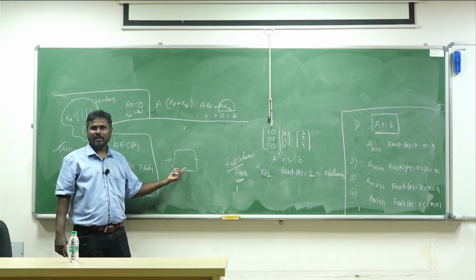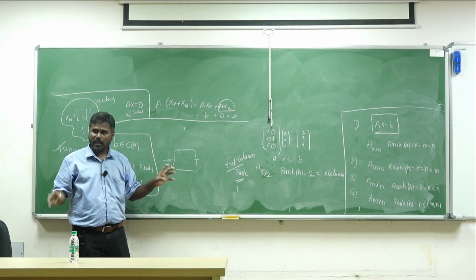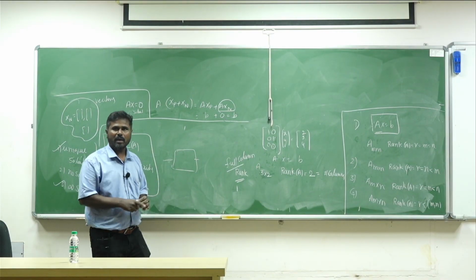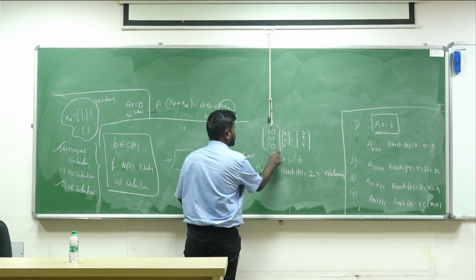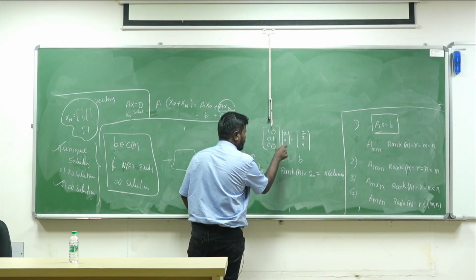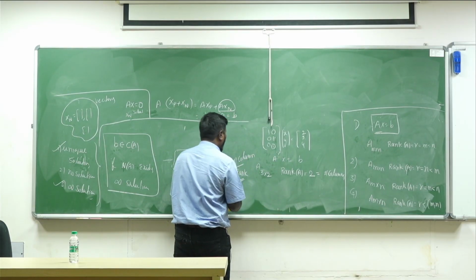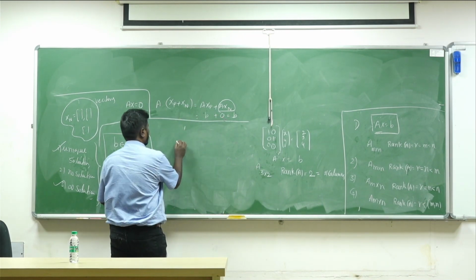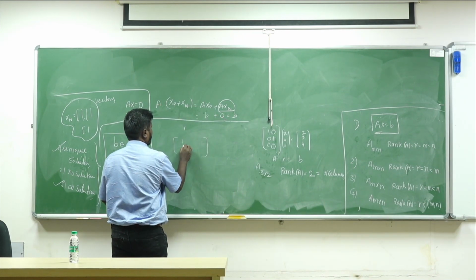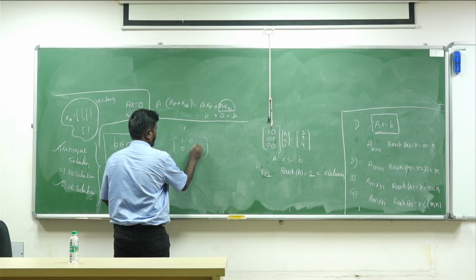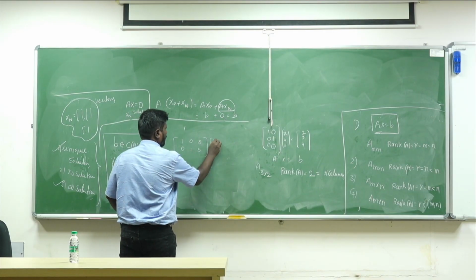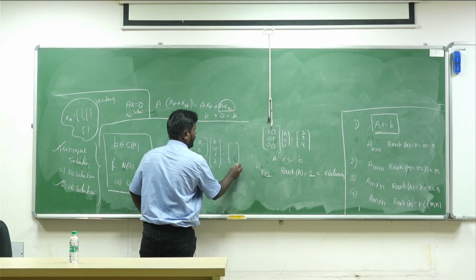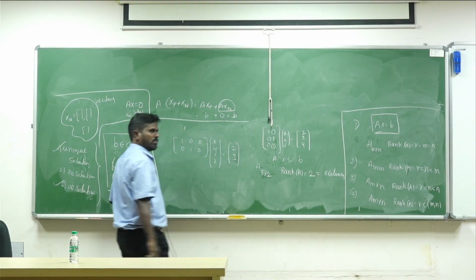Okay. So there are cases where you may have to solve a system of equations of this form, or you may have to solve a system of equations like this.